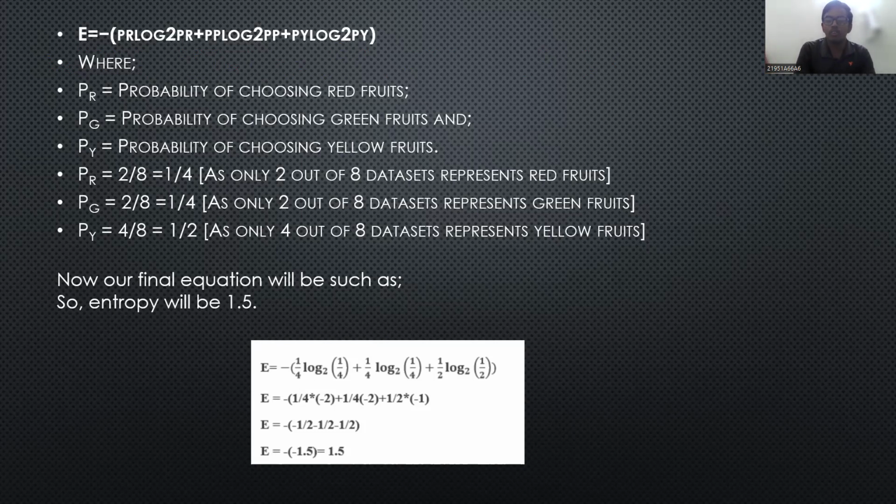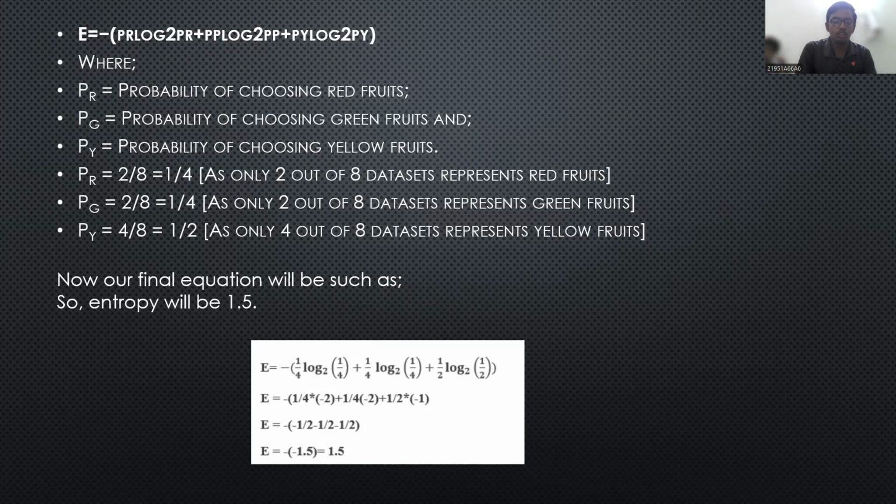PY is equal to 4 by 8, which is 1 by 2, as only 4 out of 8 observations represent yellow fruits.